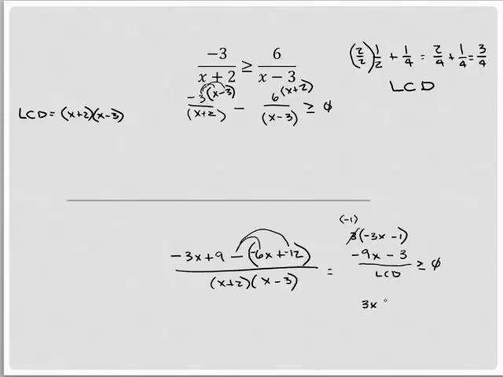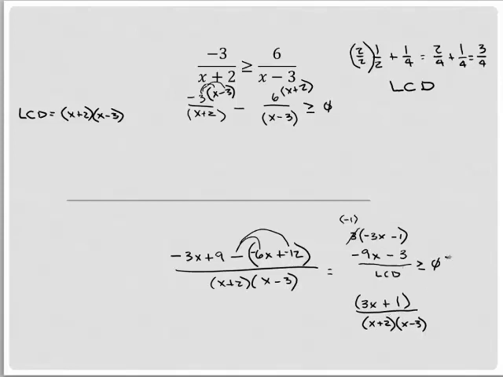So now I end up with 3x plus 1 over x plus 2 times x minus 3. Now I've got one little problem.